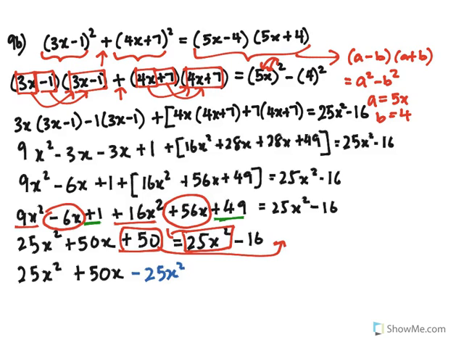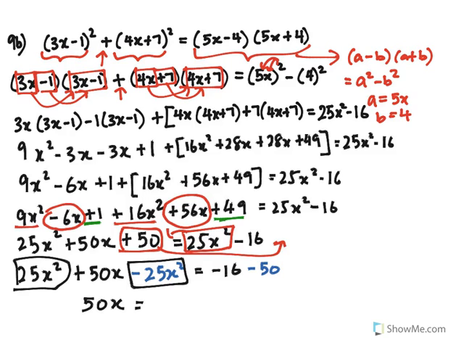Okay, so this becomes negative 25x squared, and the other side, your minus 16 will stay, but then instead you got minus 50. So simplify it further. You realize that there's 25 and 25, that will become 0. You're left with 50x equals to negative 66.